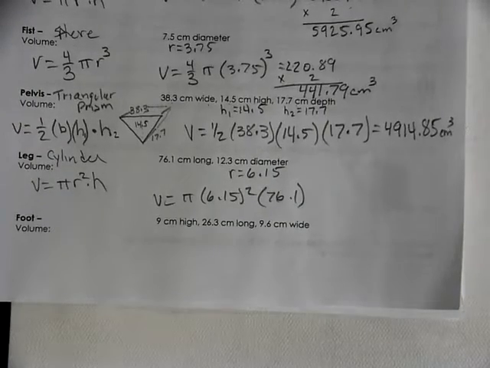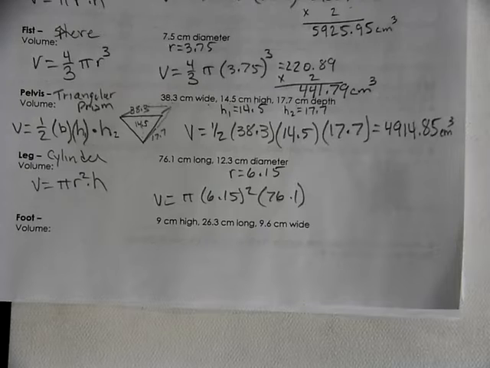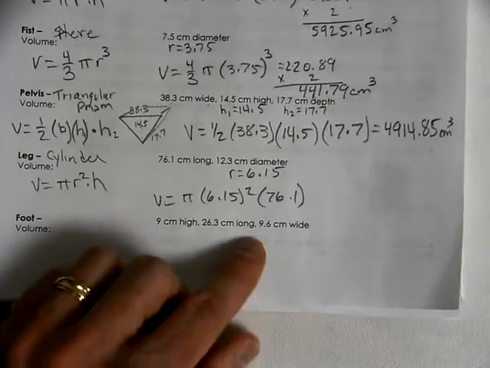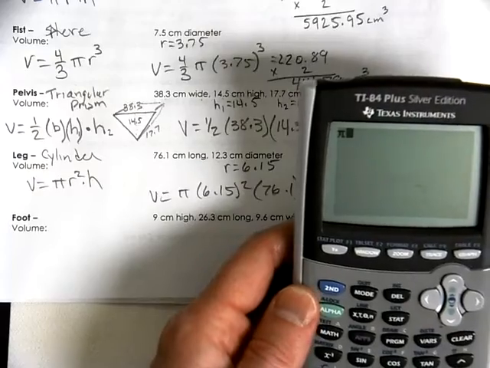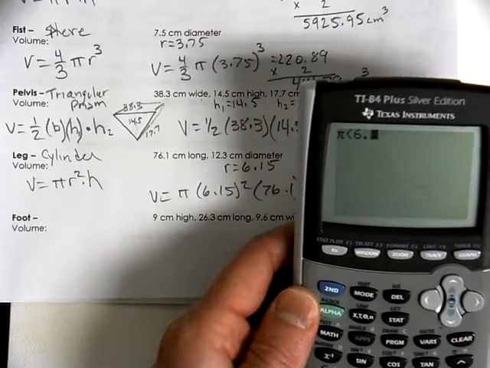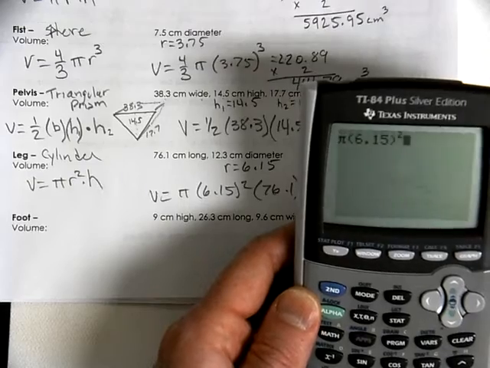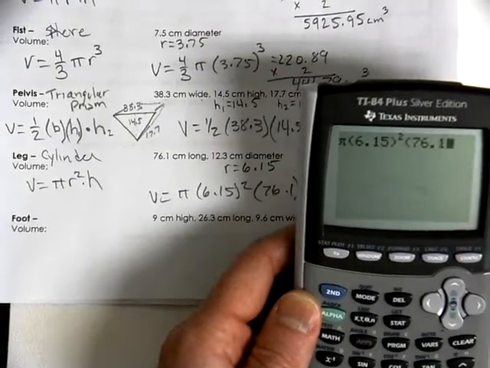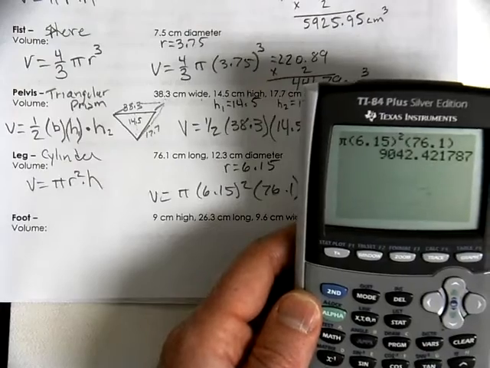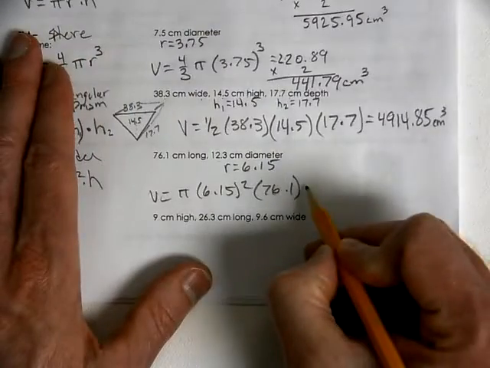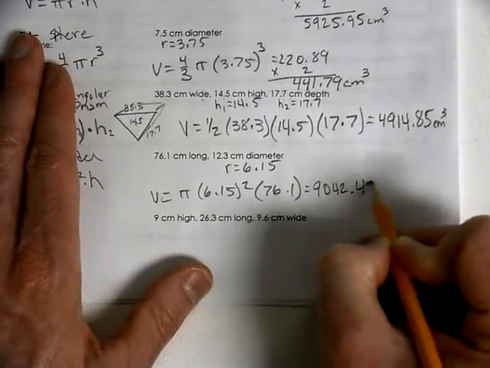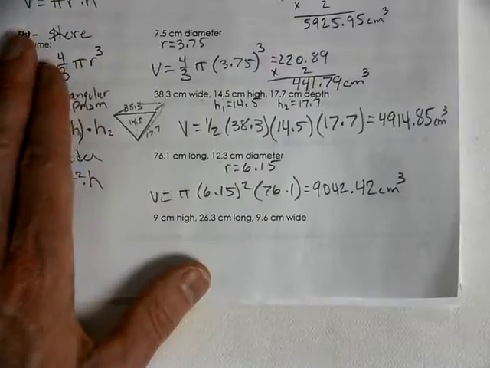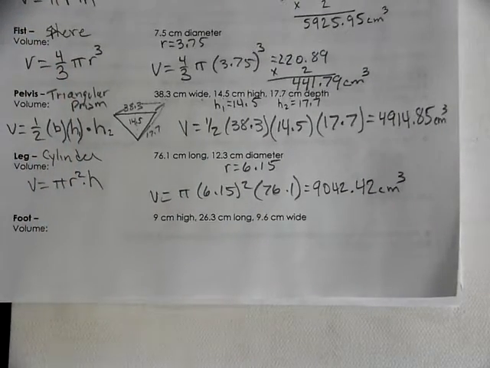They sometimes say if you eat a lot, you must be filling your hollow leg. So here we are. What is the volume of a hollow leg? So pi times 6.15 squared times 76.1. That gives us 9,042.42. Those are cubic centimeters.